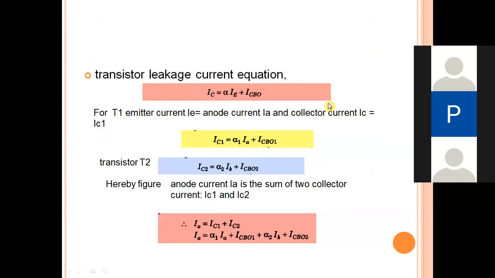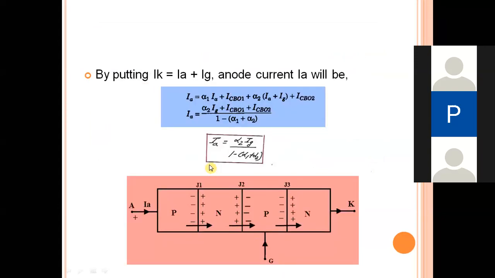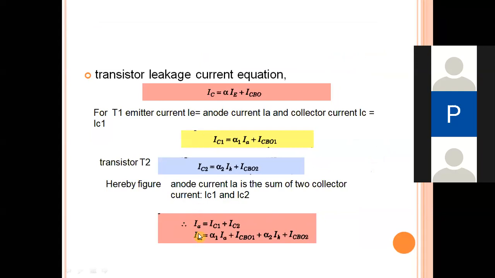So we are simply equating IA is equal to IC1 plus IC2. That is, IA is equal to alpha 1 IA plus ICB01 plus alpha 2 IK plus ICB02. This is going to be the total current entering into the SCR by the two transistor analogy.